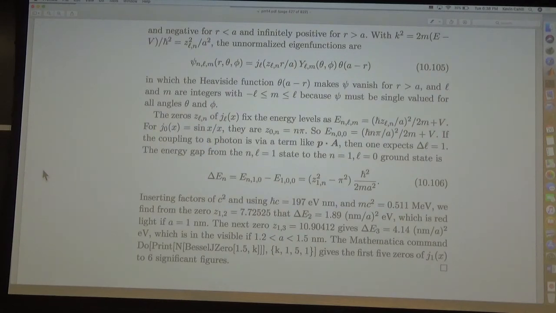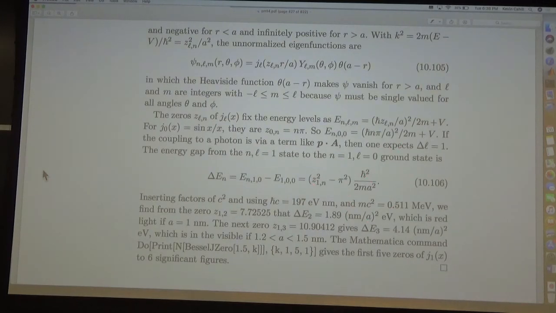The coupling to a photon is like P dot A, and so one expects delta L equal to 1. The energy gap from the n=2, L=1 state to the n=1, L=0 ground state is then the difference of these two energy eigenvalues, and so that's z squared minus pi squared times this expression.